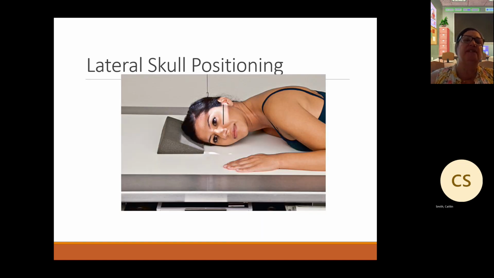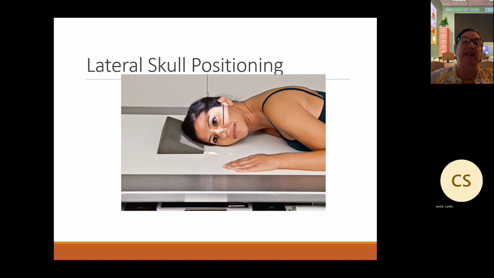So let's get right into skull positioning. With the positioning, you need to know what the skull positioning line is that we use, where the central ray enters or exits, and what position the patient is in. So on this, it's a lateral skull, and we place the head in a true lateral with the side of interest closest to the image receptor, and the patient's body is in a semi-prone or erect position.